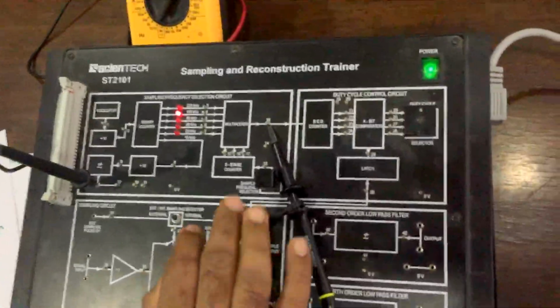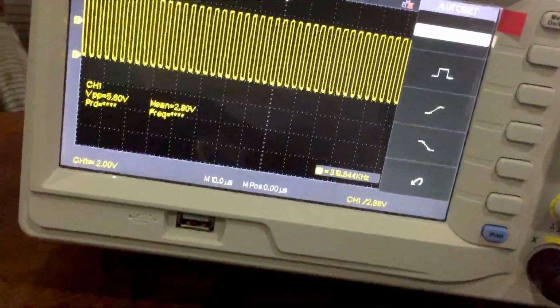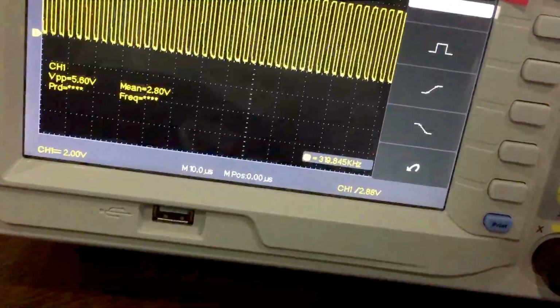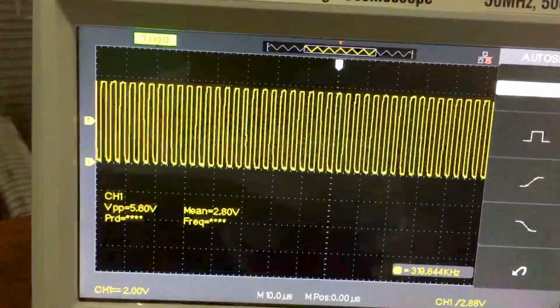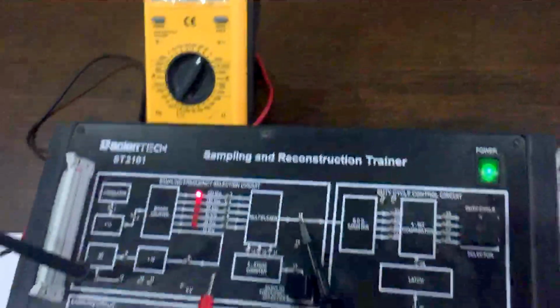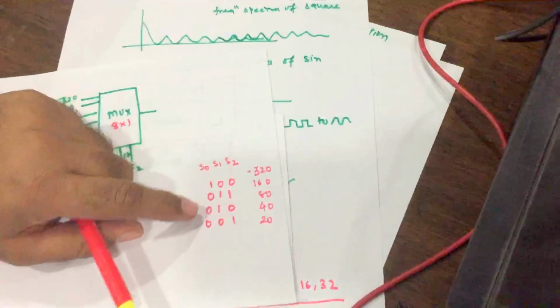Next is 320. Now for 320, we can wait some time to see the waveform on the CRO. Yes, it's 320 kilohertz. By looking at this table, what should be the next position of the selector switch?